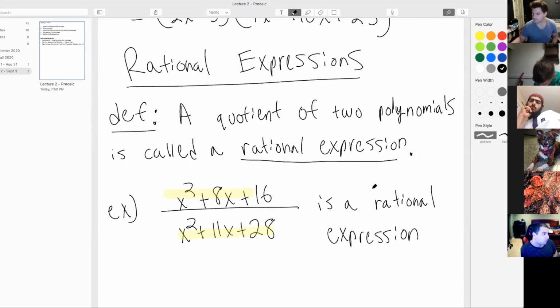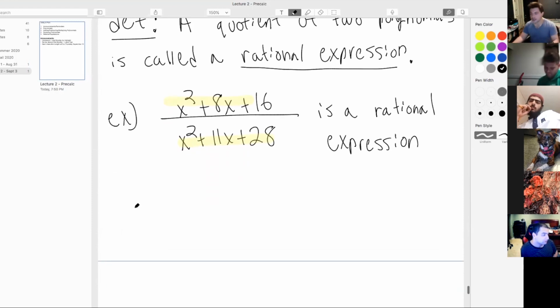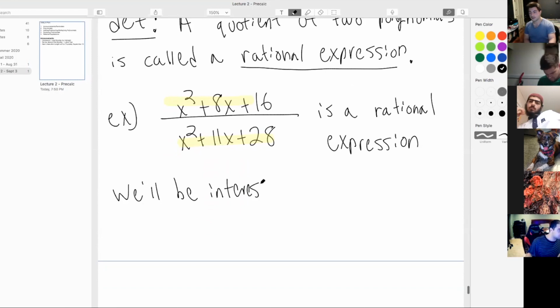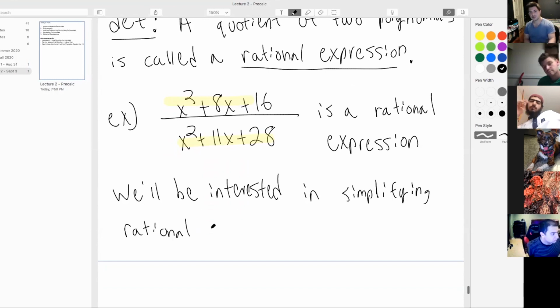That's it. Okay, so what are we going to be doing with these guys? We'll be interested in simplifying rational expressions as much as we can.